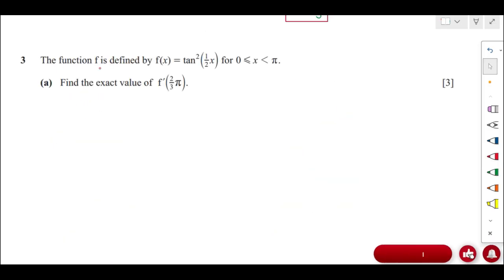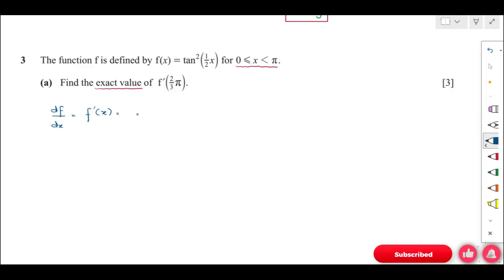Question number 3, the function f is defined by f of x is tangent square half x for x between 0 to pi. Part A, find the exact value of f prime of 2 by 3 pi. Okay, so we need to differentiate this function basically, right? Okay, so we need to find df over dx, or we can say f prime of x, right?